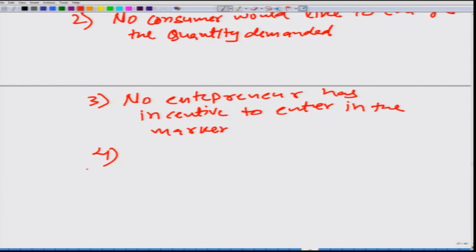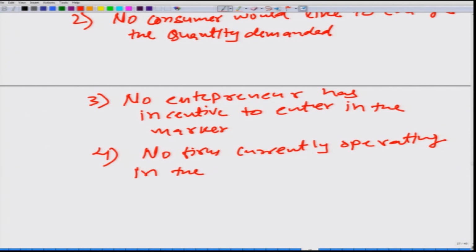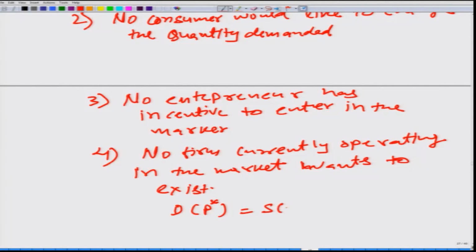And similarly, no firm currently operating in the market wants to exit. And beyond that, we also need that D(P star) is equal to S(P star), equal to Q star. Then only will we call it the long run equilibrium, and in fact more correct would be to write Q star, P star as the long run equilibrium.